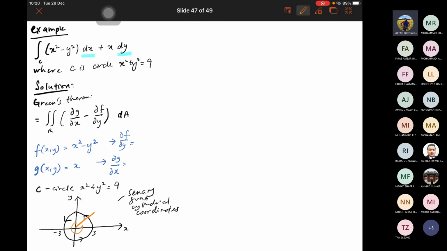Okay, so yang ini adalah theta. This is your R. So for this one, R is between 0 to 3. Theta akan sama dengan 0 sampai 2 pi. So dia sama je dengan example yang tadi. So the integration over the curve C x squared minus y squared dx plus x dy equal to integration from 0 to 2 pi 0 to 1.